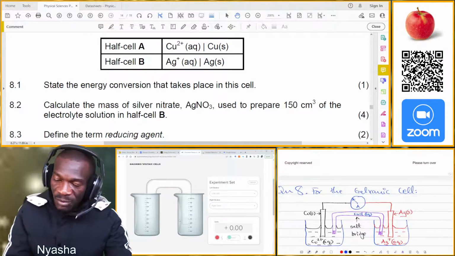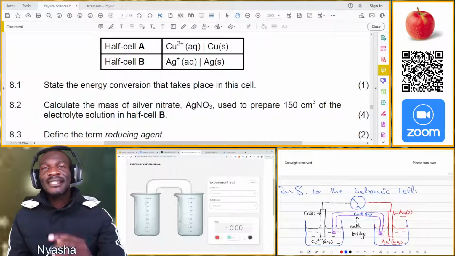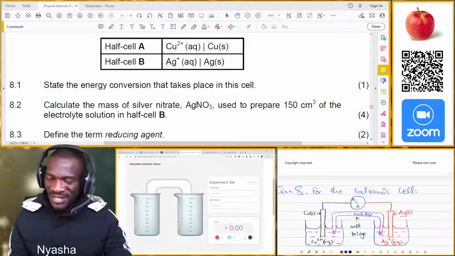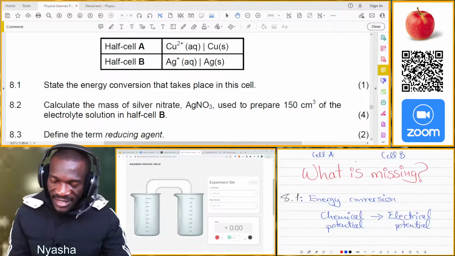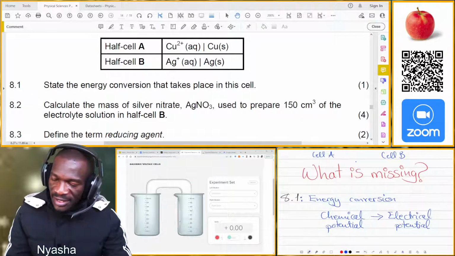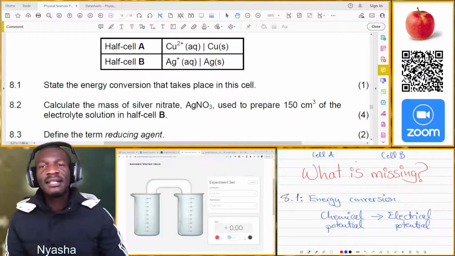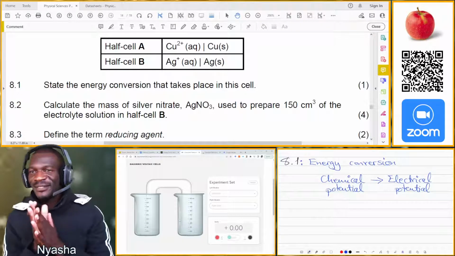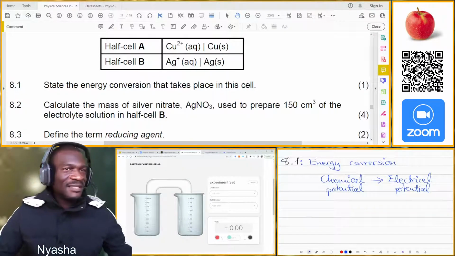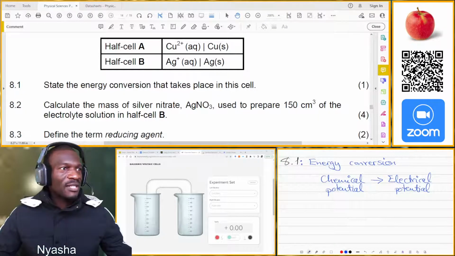Or you can put a voltmeter so that you can tell the potential difference of the whole cell. So we've already identified that the energy conversion chain here is from chemical potential energy to electrical potential energy. Any questions on that? Please feel free to share the questions so that we can discuss.